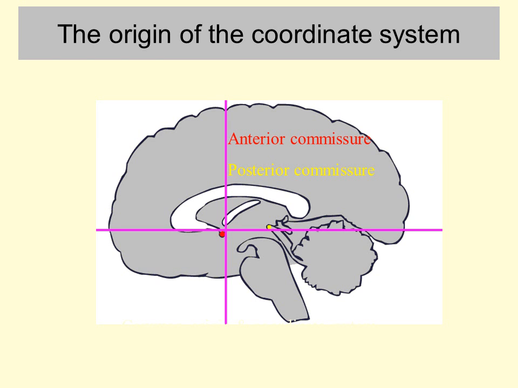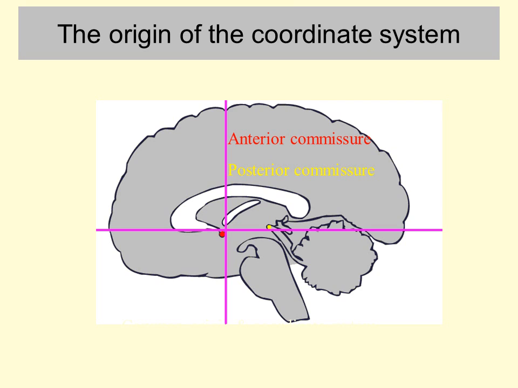What I didn't tell you on the previous slide was, of course, the origin of the coordinate system. Any numeric coordinate system only makes sense if it has an origin, the point where all values are 0. So x equals 0, y equals 0, z equals 0, the centre of the cube, if you like.